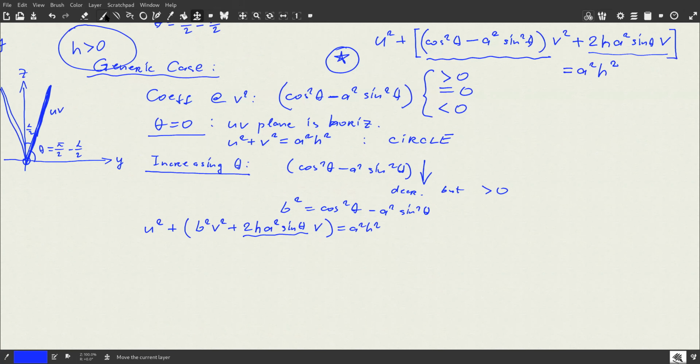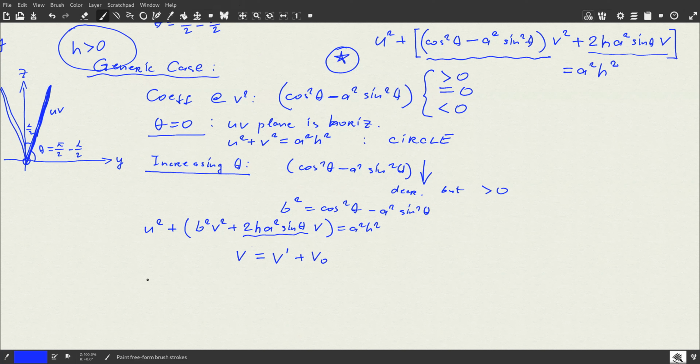Can I do that? Yes, I can do it easily. So let me do it the other way around: v equals v prime plus v0, something like this.